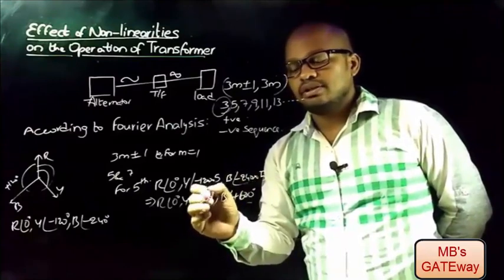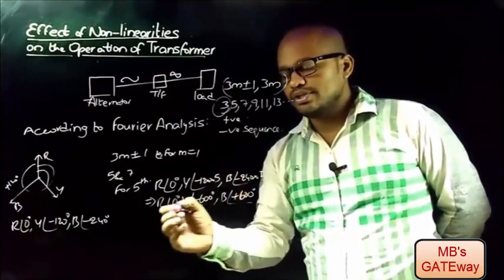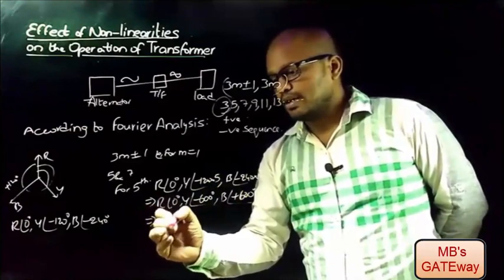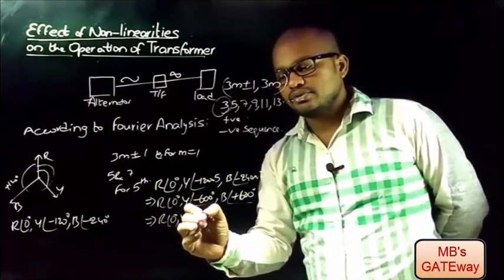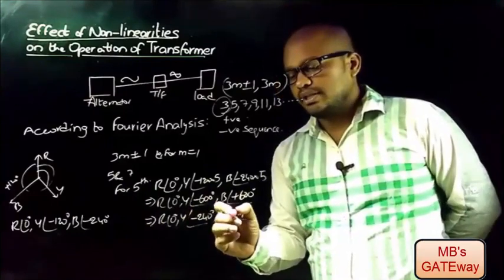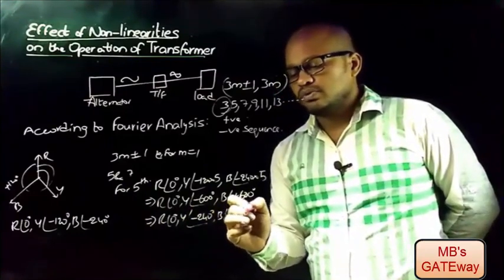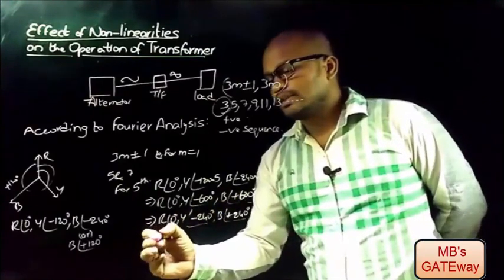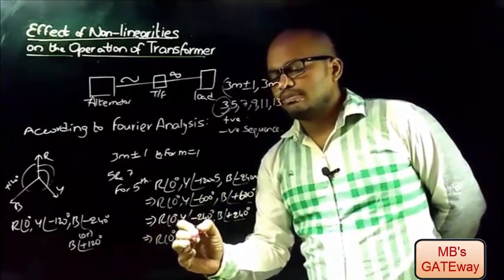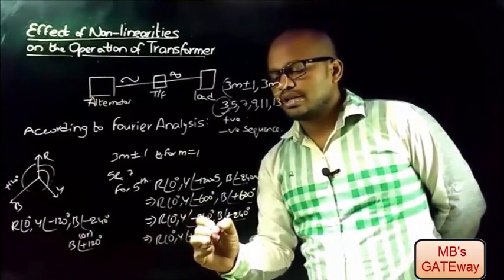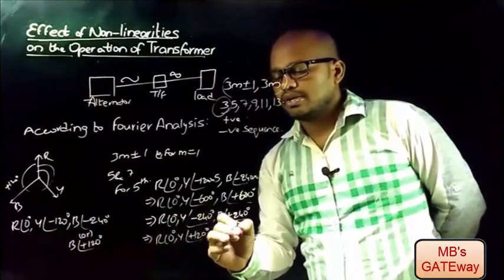And it is known that 360 degrees equals 0 degrees, which implies R at 0 degrees, Y at plus 120 degrees and B at minus 120 degrees.